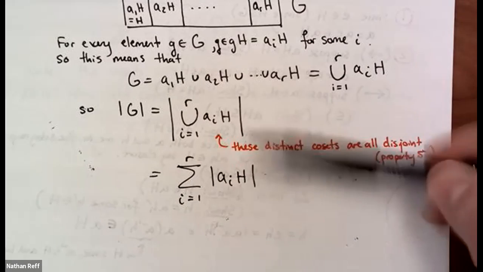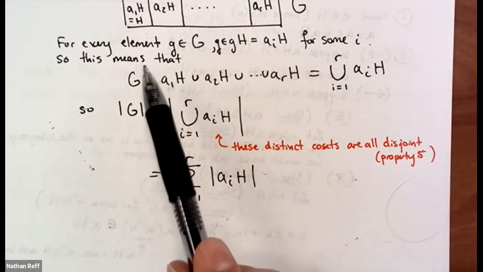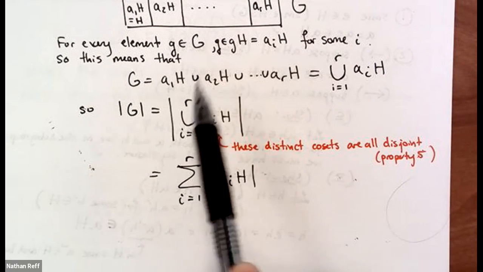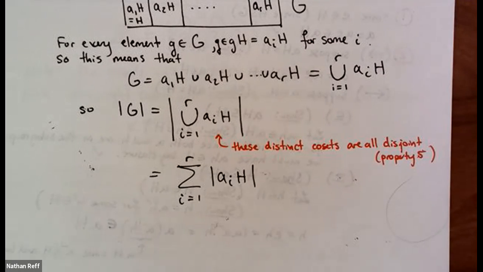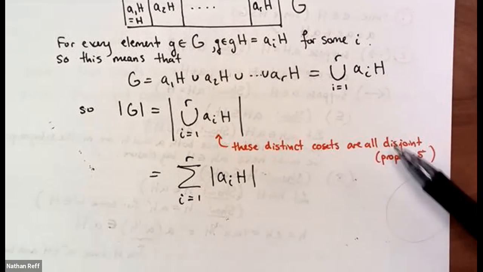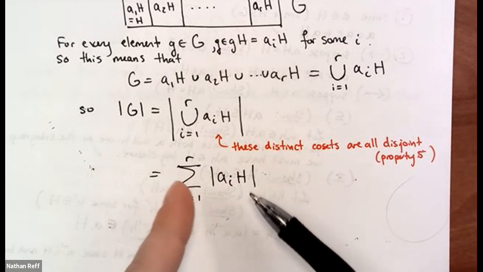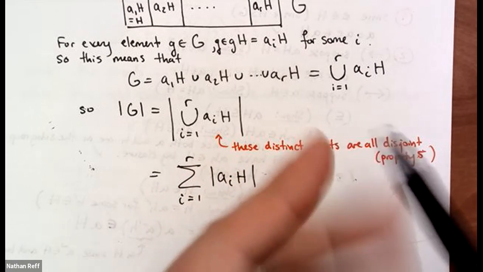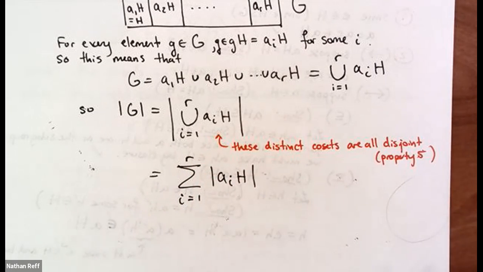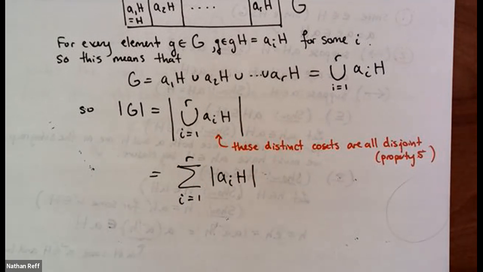If you don't like the shorthand, you could just write it out in longhand. You would see that this cardinality would be the sum of the individual cardinalities, which would be this. Okay. In general, if they were not disjoint, you would have a sum like this, and then you'd have to subtract off the sums of the intersections, and then you have to add up. That would be pairwise, and then there's triplicate, and so on.